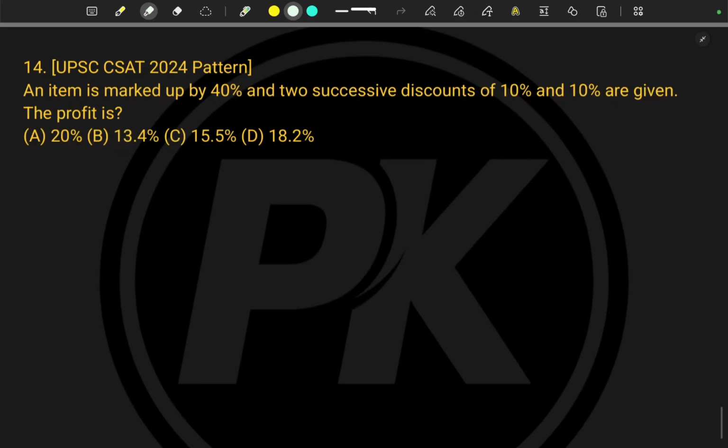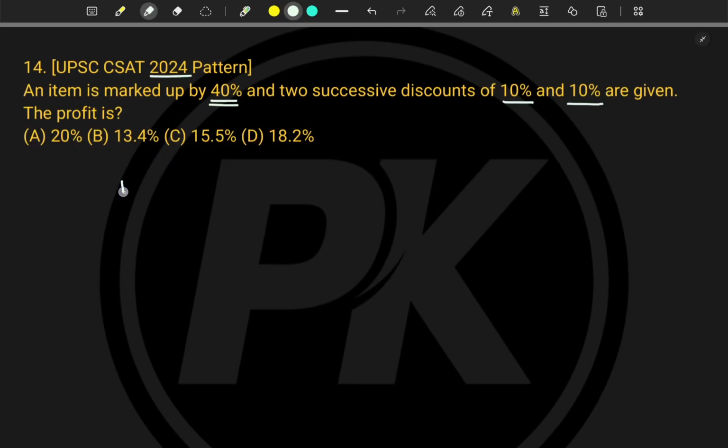So here is problem number 14, and this was asked in the UPSC CSAT 2024 pattern. An item was marked up by 40 percent and two successive discounts of 10 percent and again 10 percent are given. Find the profit. Very straightforward problem, right?